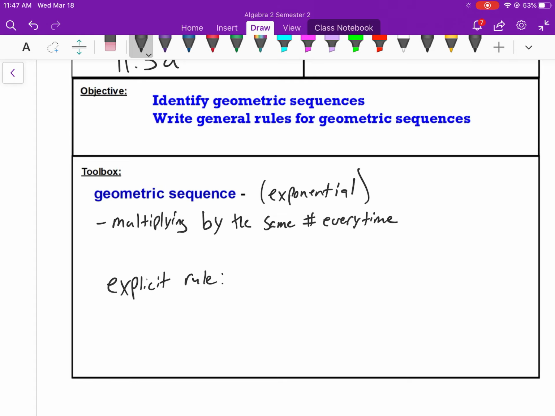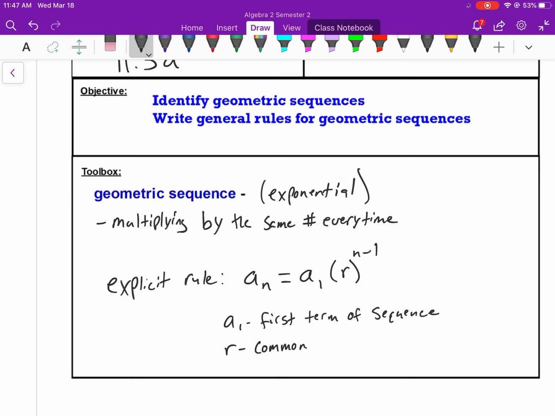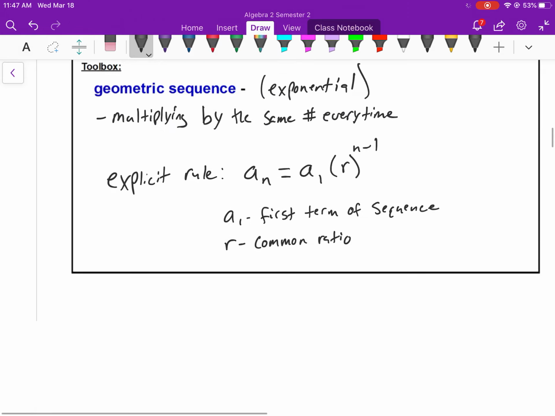And for geometric, once you notice that it's multiplying or dividing to get to that next term, what we're going to use is a sub n is equal to a1 times our common ratio to the n minus 1. So again, a1 is the first term of the sequence, and then r is going to be our common ratio, or what we're multiplying by to get to that next term.